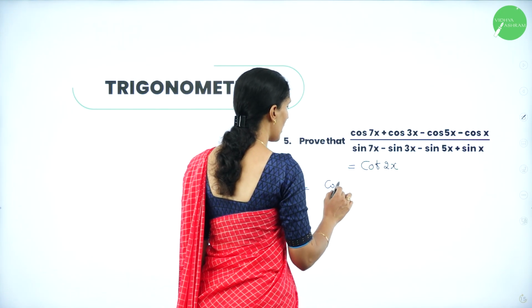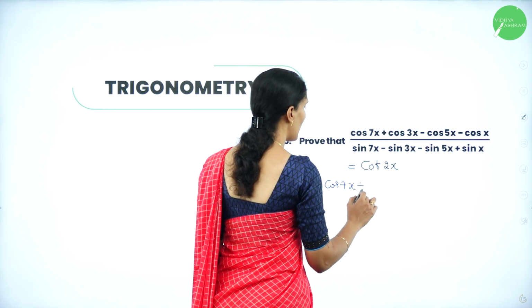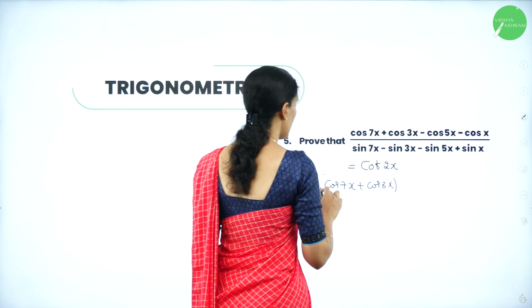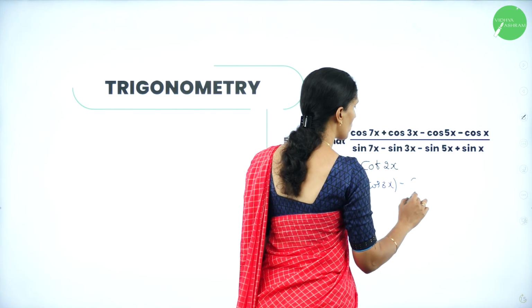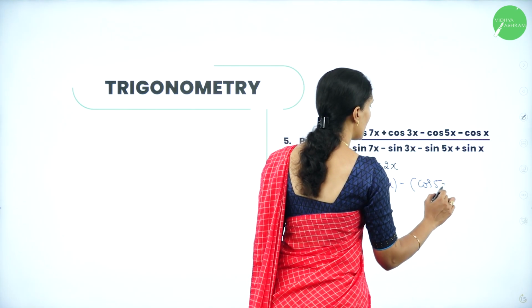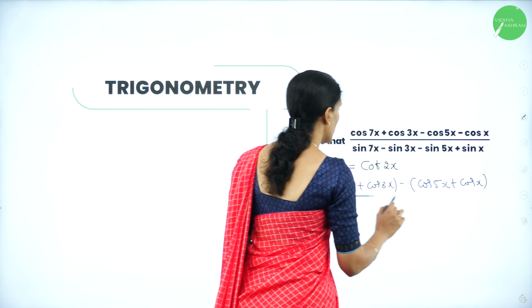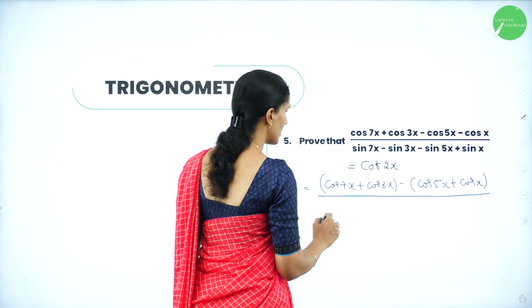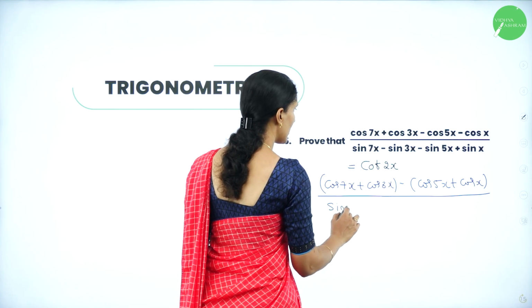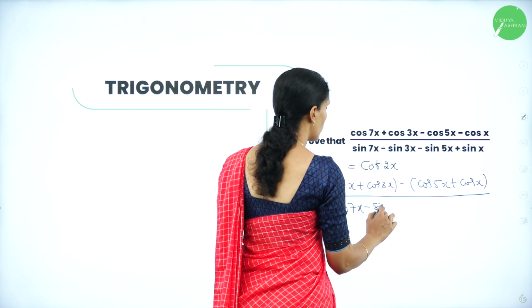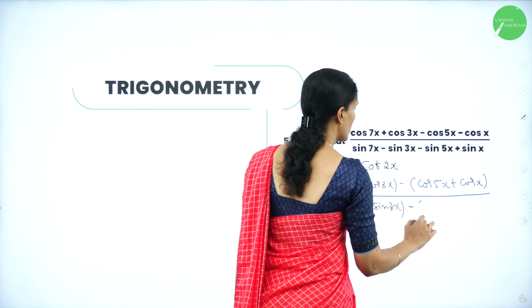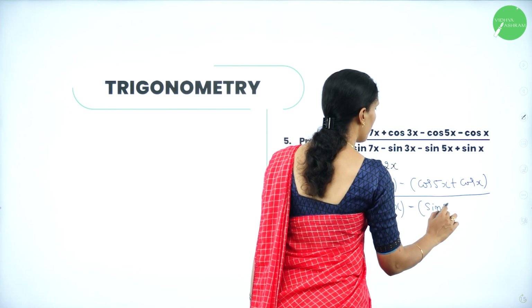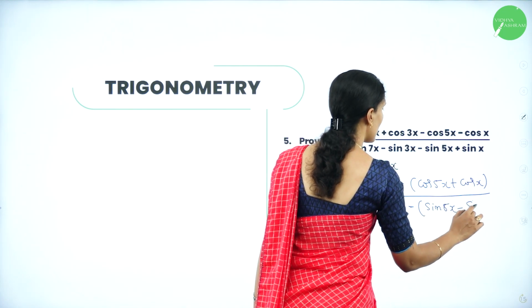So write it as cos 7x plus cos 3x separately, and here take minus outside, then it becomes cos 5x plus cos x. So as you have taken in the numerator, write it as denominator also. It is sin 7x minus sin 3x. Take minus outside, then it is sin 5x minus sin x.